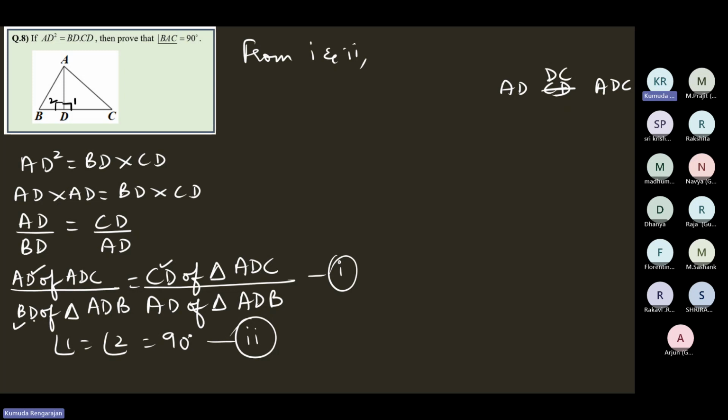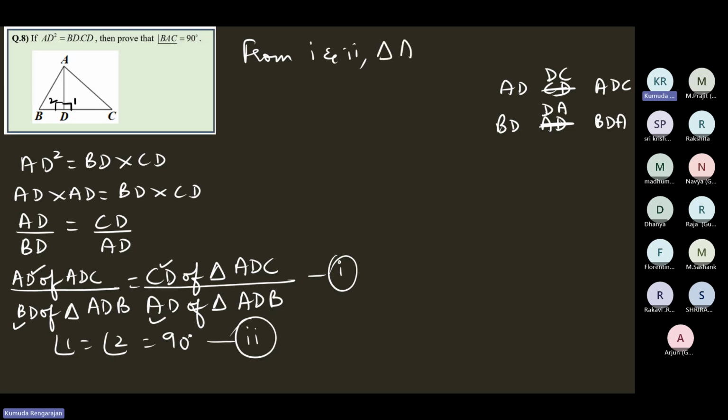And in the other triangle, we have mentioned BD and AD. Again, D is common. So we'll write AD as DA, so it is BDA. This is the correct order.